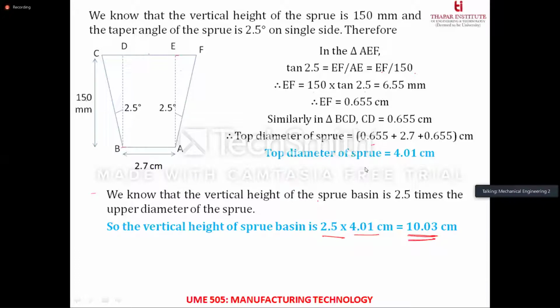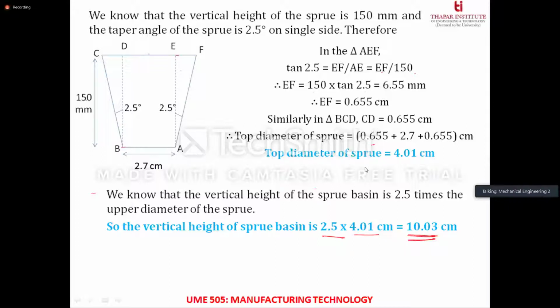Secondly, if the height or the taper angle of the sprue is not given to you, assume any value between 1 degree to 3 degrees. That is what you have to first of all remember.